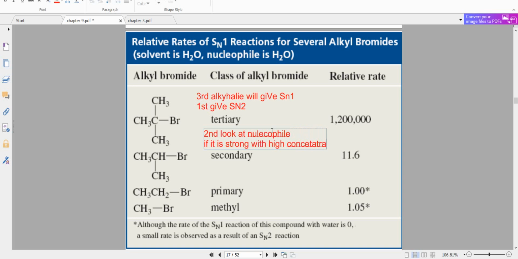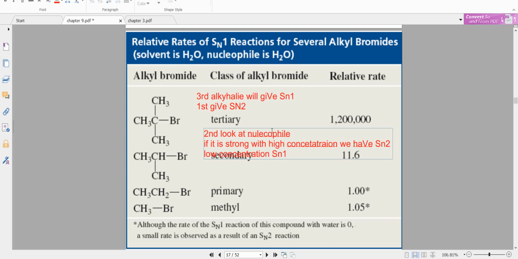If the nucleophile is weak with low concentration, we have SN1.